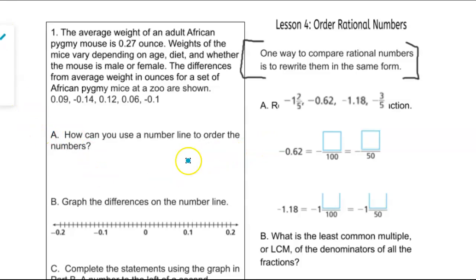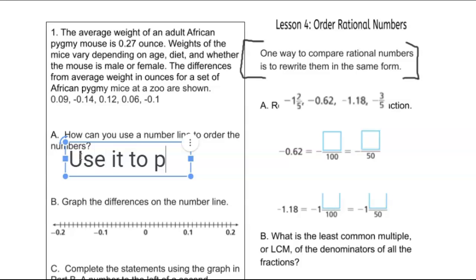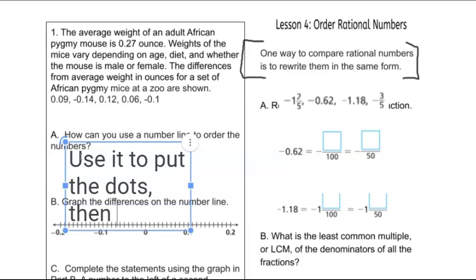So how can you use a number line to order the numbers? We can use it to put the dots, and then they're in order.